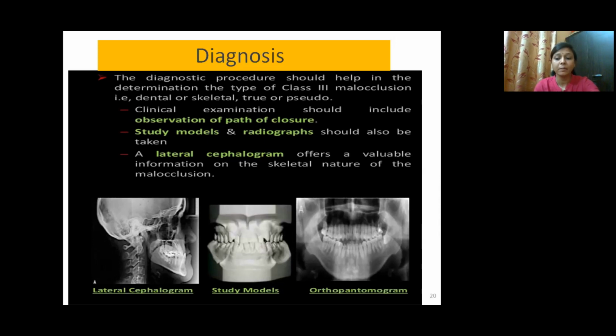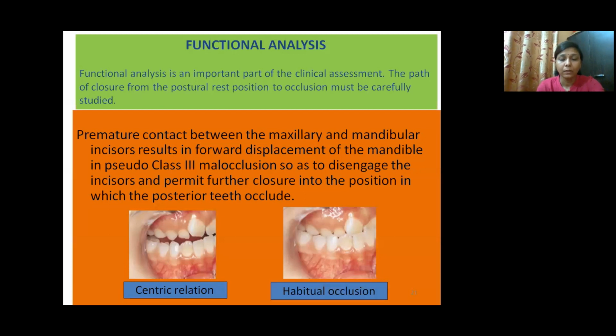In cases of asymmetry, if there is a jaw asymmetry, the PA cephalogram will give valuable information that is essential to show the amount of asymmetry. Along with the radiographic analysis, functional analysis is an important part of clinical assessment, and this will tell about the differentiation between the pseudo and true class 3.